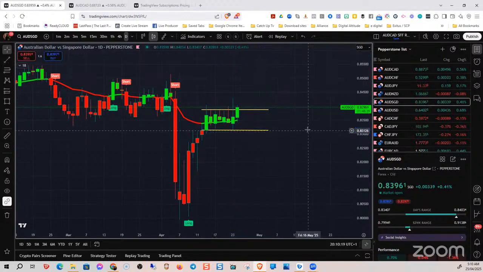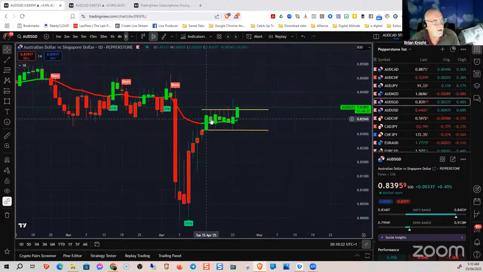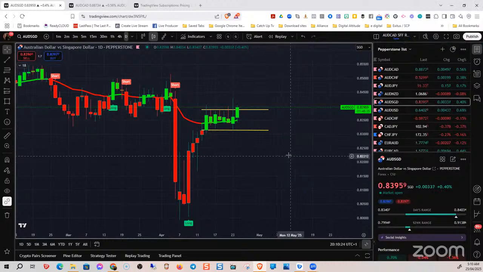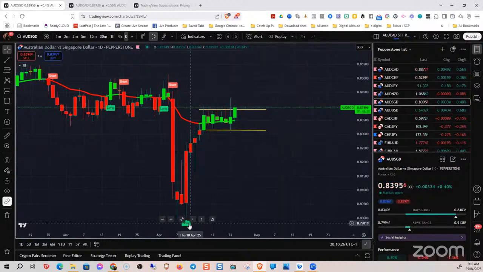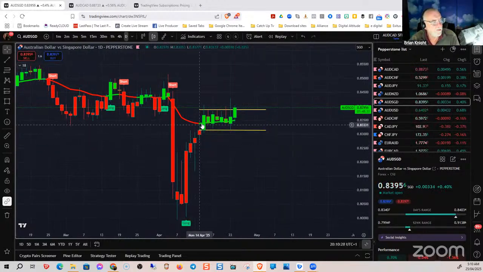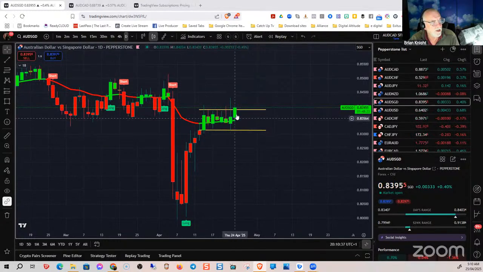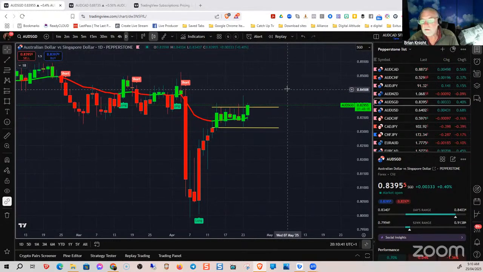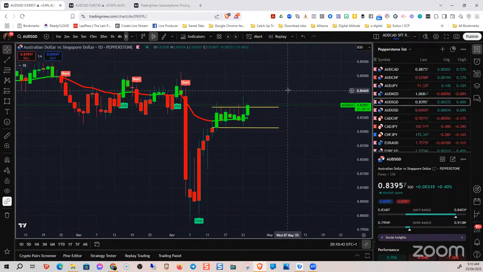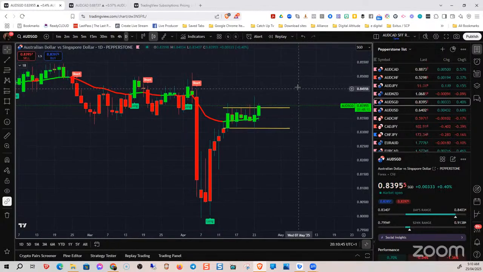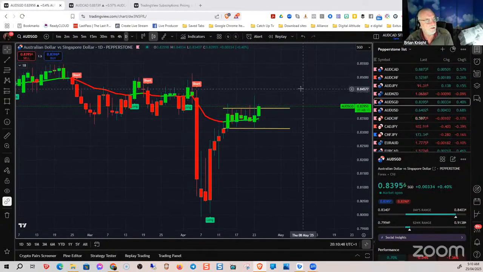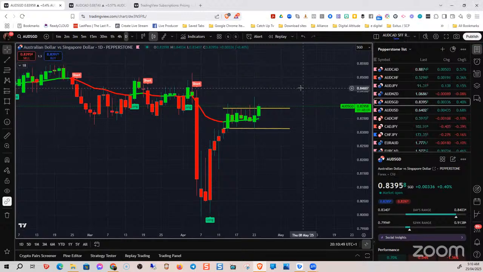I got in back when they, here, on the first green. Yeah, because of the long gap and because you got that first green one, and it was quite an engulf, quite a nice push up there. It then danced sideways, and now it's pushed up. You'd be in some profit, but not out of the danger period. Yeah, that's right.